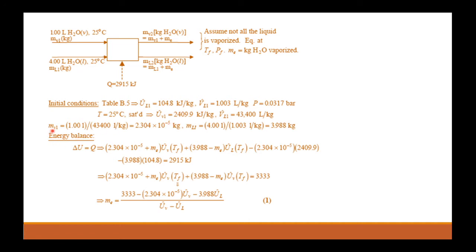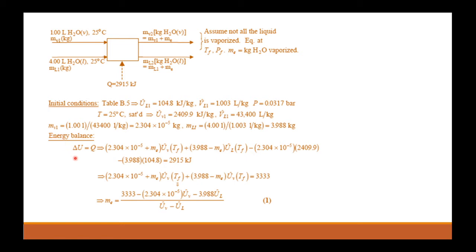Okay, so MV1 is equal to 1 liter divided by its specific volume. So this is MV1. And ML1, 4 liters divided by its specific volume, and that gives you 3.988 kg.